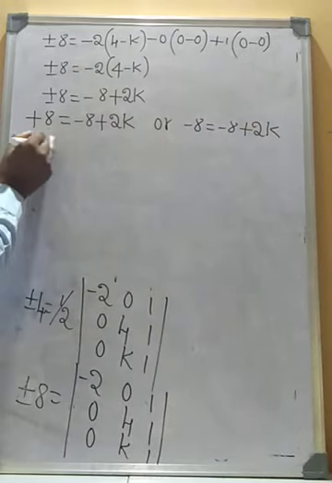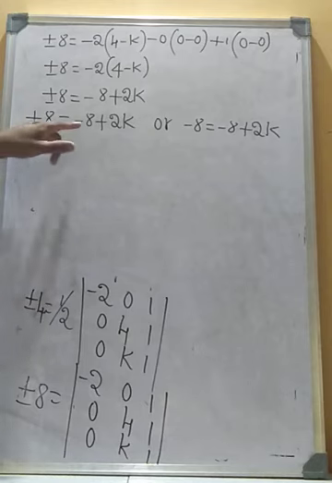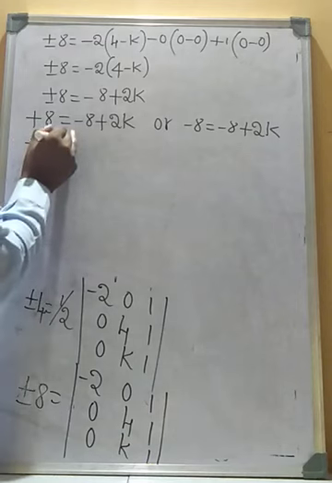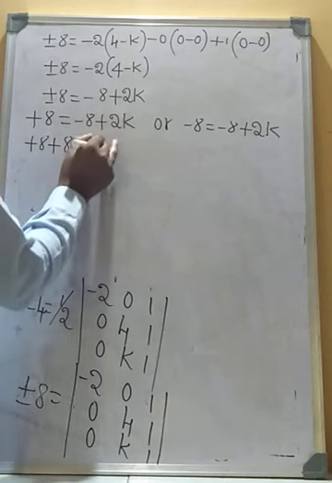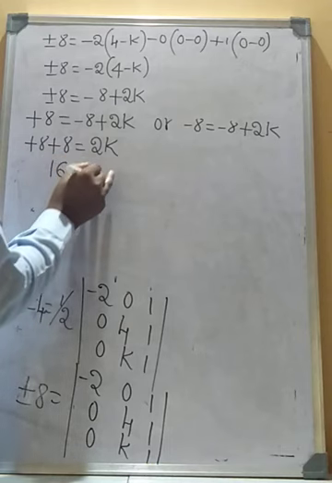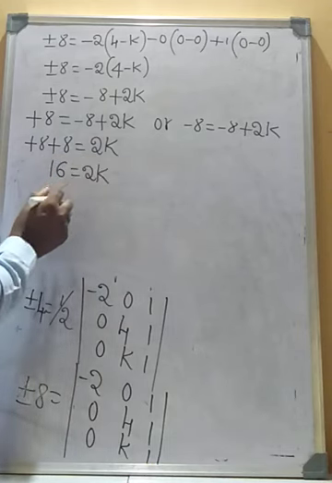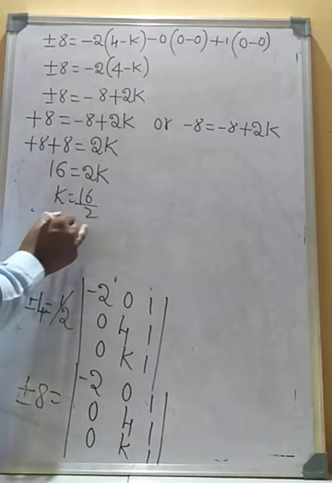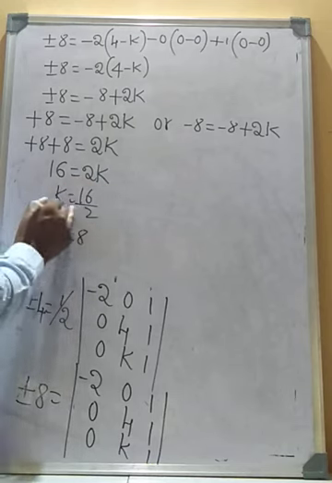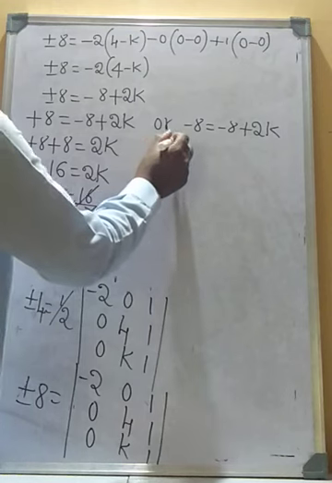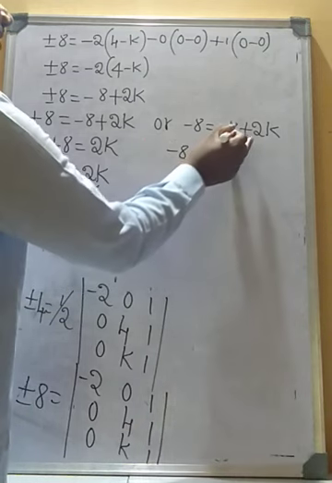Therefore, for plus 8, transposing minus 8 to the left side, 8 plus 8 is 16 is equal to 2k. Therefore k is equal to 16 by 2, which is 8. One k value is 8.